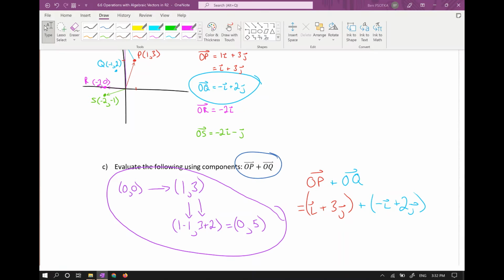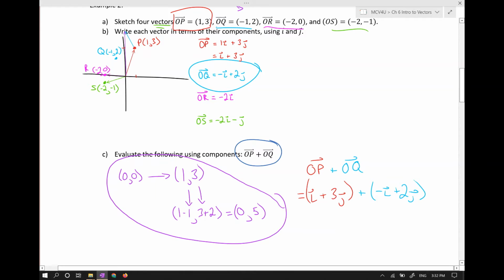Now, if I add these together, I have i minus i, that second one came from way over here, plus 3j plus 2j. So I'm working with 0i plus 5j. Is that what I was expecting? Absolutely. We've come up with the exact same answer, just with a more formal approach.